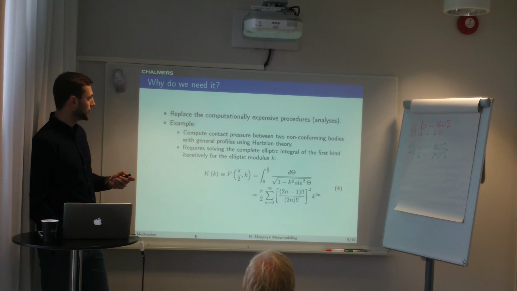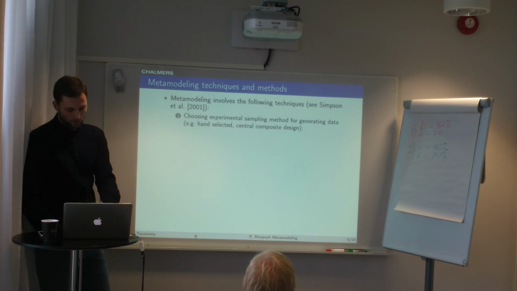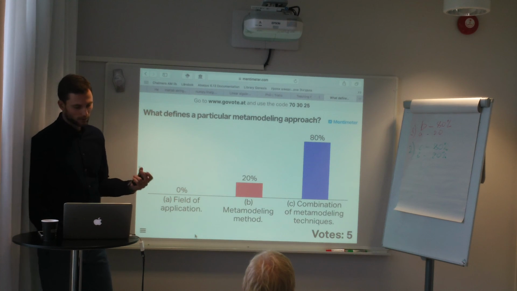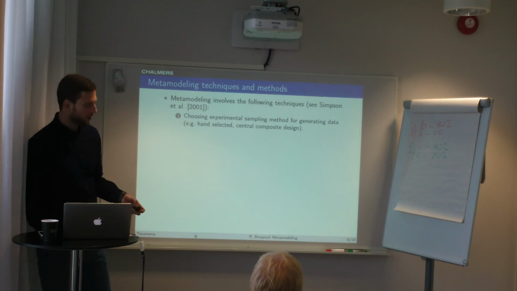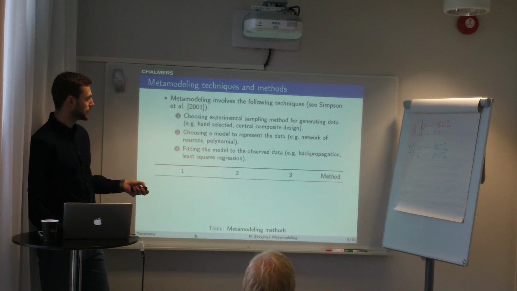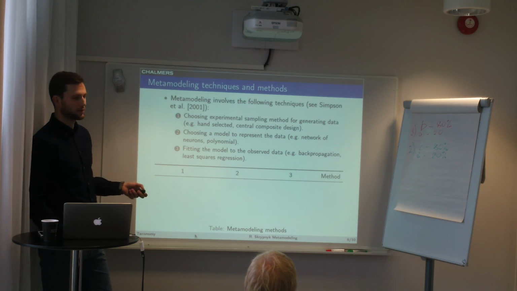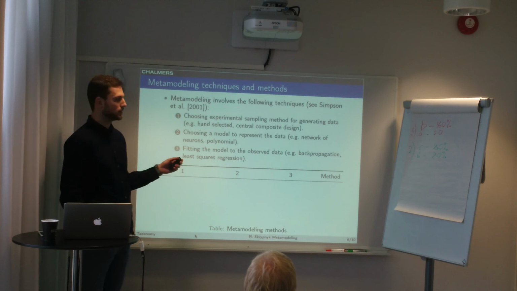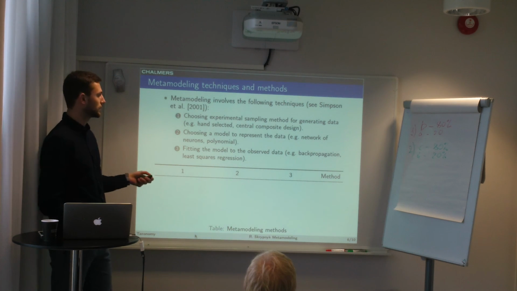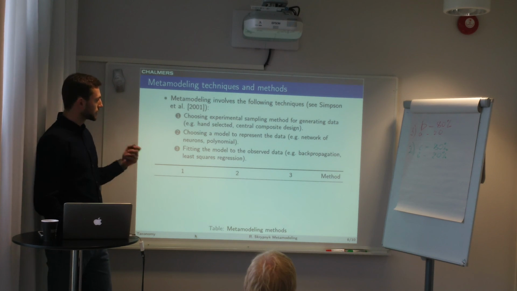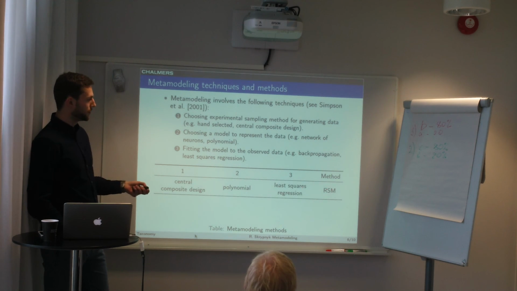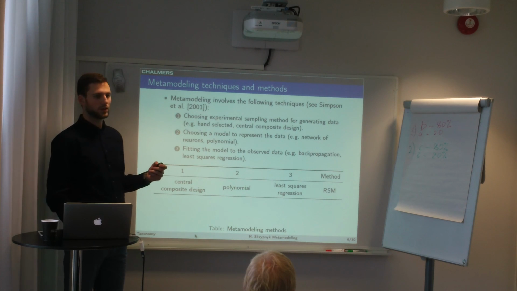And the second question, about what defines a particular metamodeling approach. I was trying to emphasize that approach, or in other words, method. This is confusing, I know, because of a lot of similar words: techniques, methods, approach. But what I wanted you to remember is that a particular metamodeling approach or method is defined by a combination of metamodeling techniques.